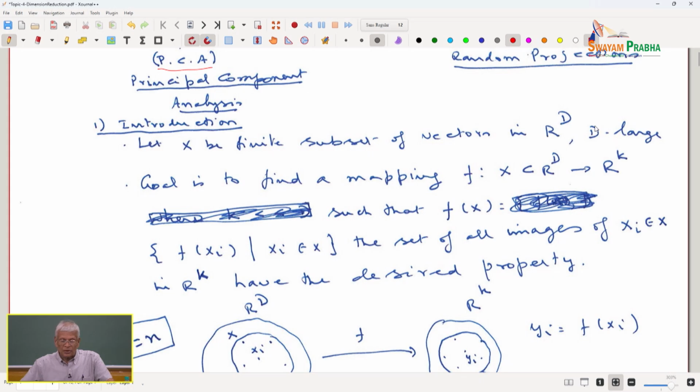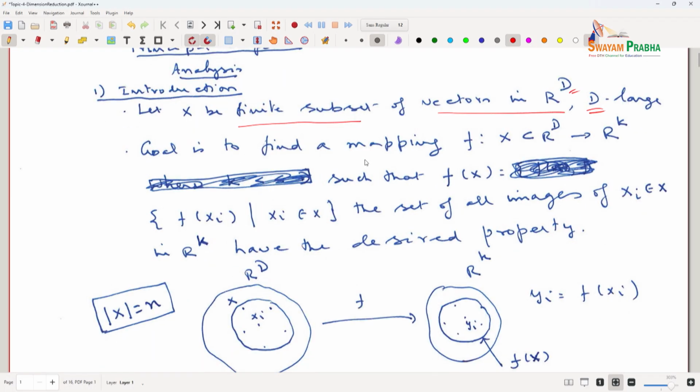To that, I would like to be able to introduce the problem. I know you have already been introduced to this problem, an introduction. Let X be a finite subset of vectors in R^D. D is the dimension of the space. D is large.